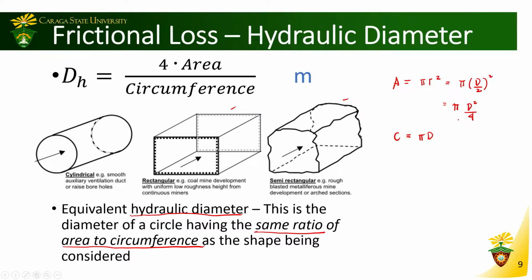Okay, so since we are considering the same ratio of area to circumference, then for a non-circular profile, we could compute the hydraulic diameter. So this is for a circle.